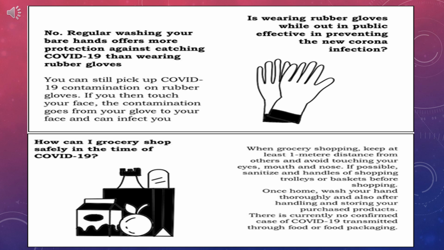Now let us pick out the modals used in the sentences in the infographics. We have the first one, the can again. You can still pick up COVID-19. Okay, the can there.